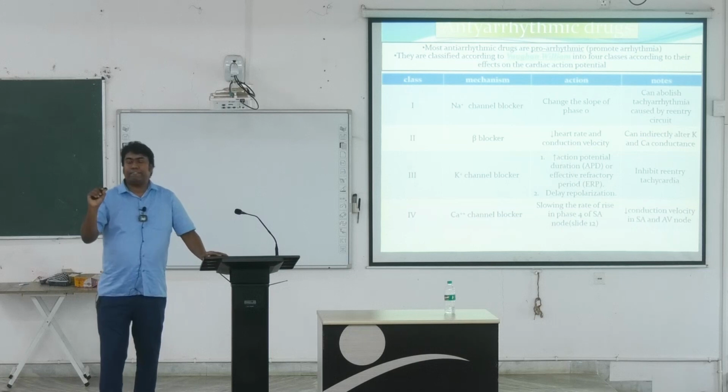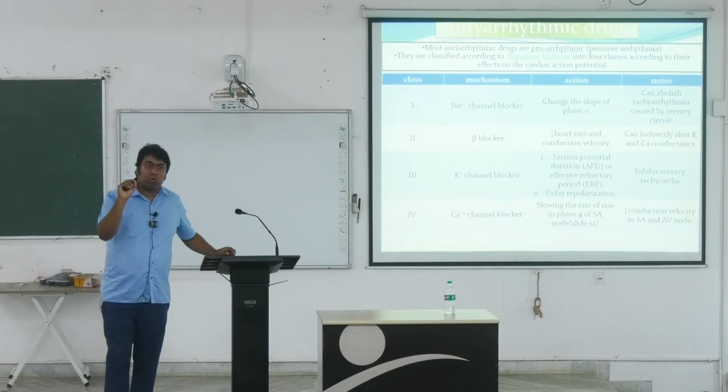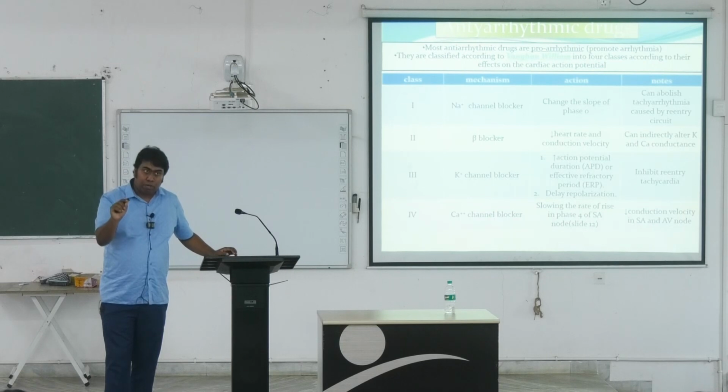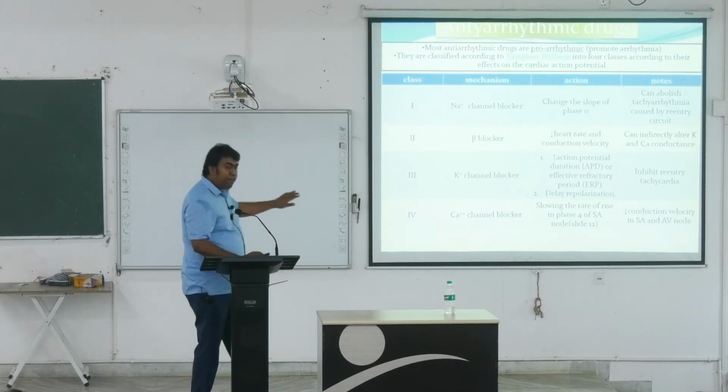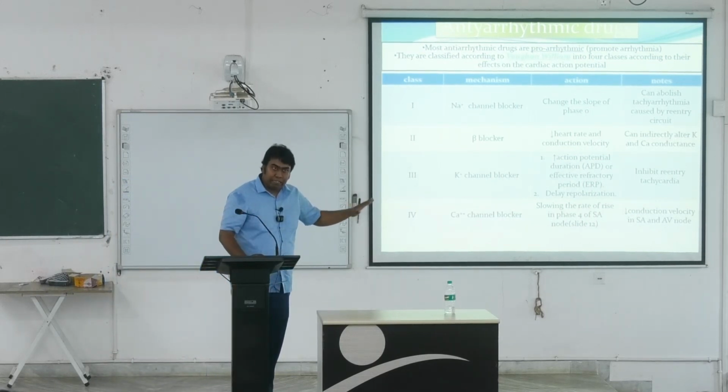Now another catch is that another drug name is sotalol. You heard the drug name sotalol? Sotalol is a beta blocker. Though it is a beta blocker, its action is primarily classified into class 3.